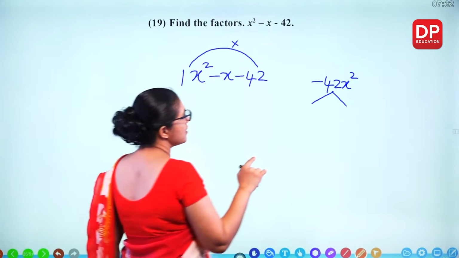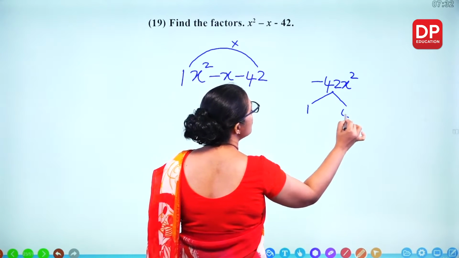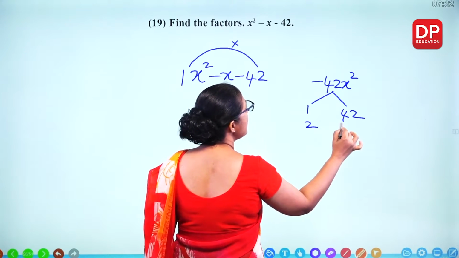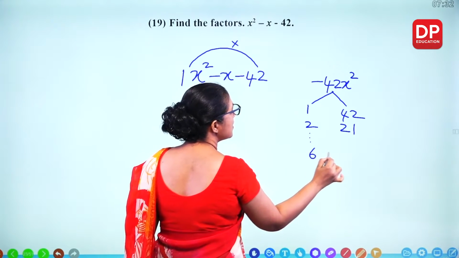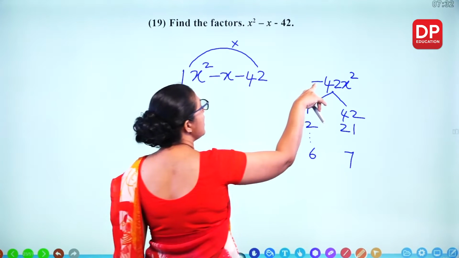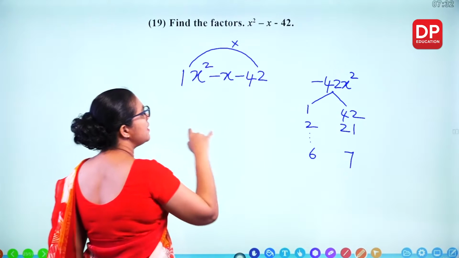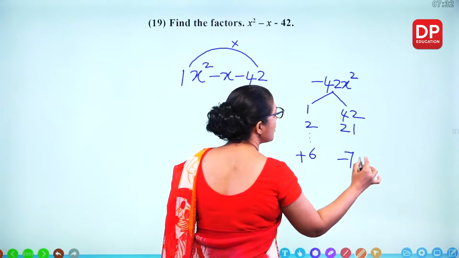The factors: 7 times 6 is 42, and the negative value is there in the middle, so the bigger number should be negative and the smaller one positive.